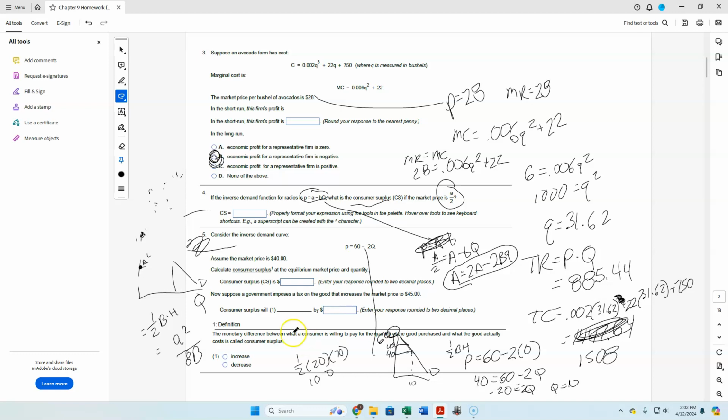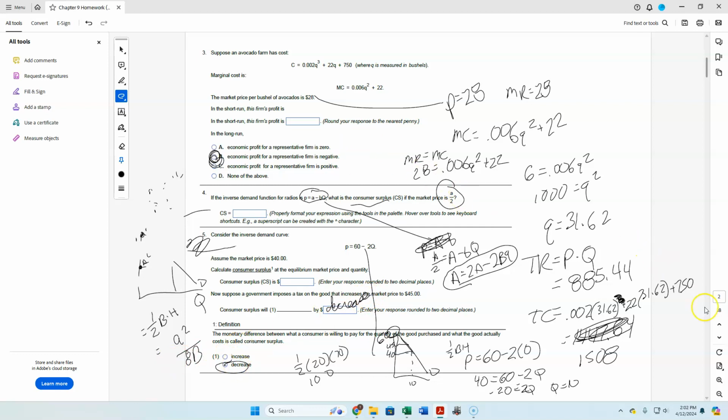And the final question here is the monetary difference between what consumers are willing to pay and what the good actually costs. Sorry, it's just defining it. The consumer surplus, though, I already answered it here, it's going to decrease with any tax. That's what we have right there.